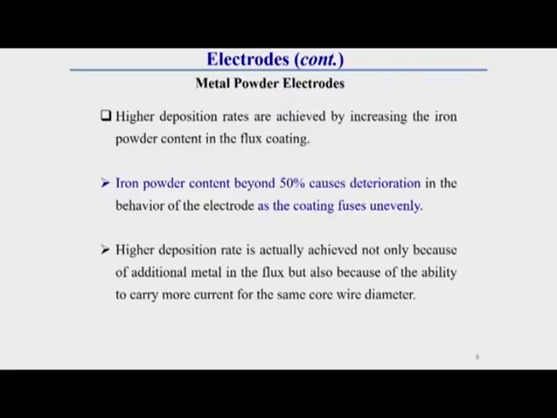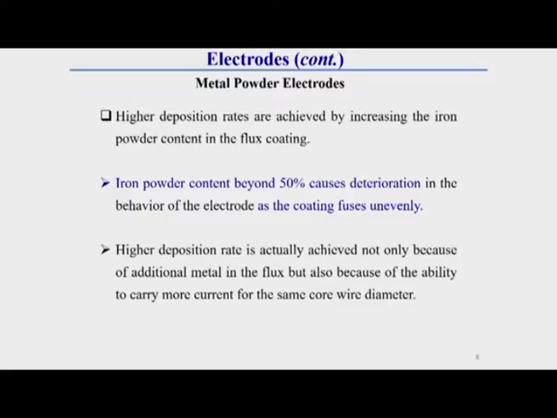Due to the high content of metal powder in the flux, there can be a high flow of current, and due to this there can be high resistance. Due to this high resistance, the coating can fuse unevenly. So the electrode behavior deteriorates if the metal powder content goes beyond 50%. That is why it is better to keep the metal powder below 50%.